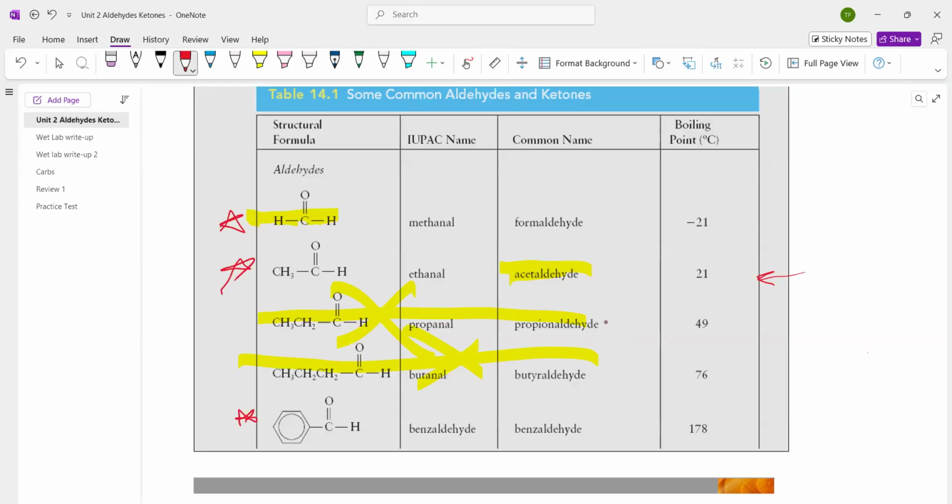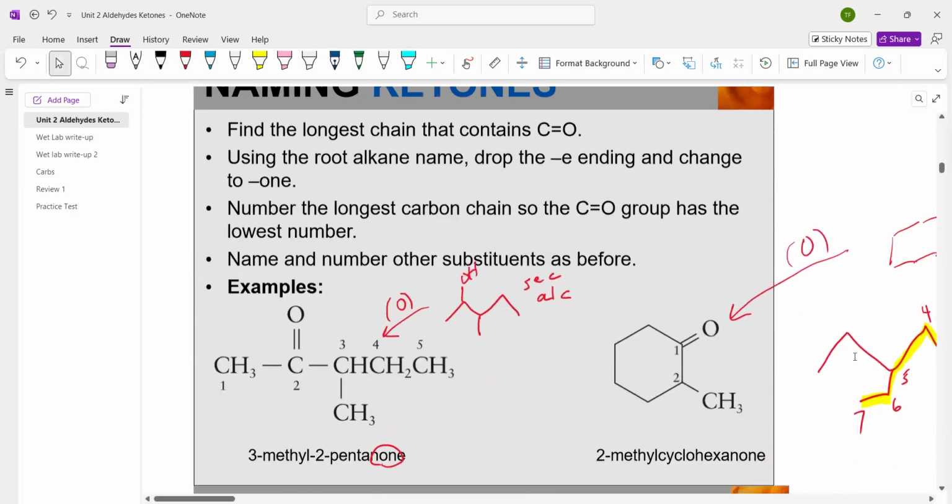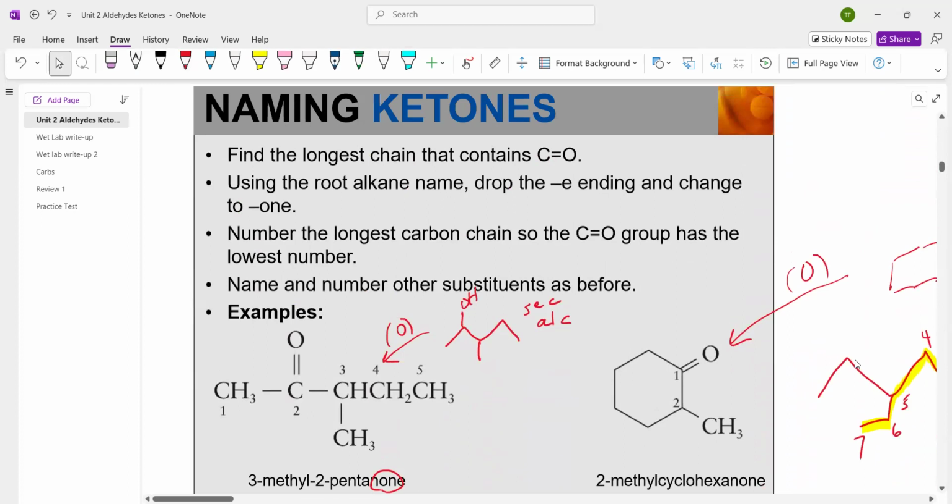So, the main difference is it's got an oxygen, but it's got no hydrogen bonding like alcohols. So this hydrogen bonds to the carbon, not to the oxygen. That's why it's not hydrogen bonded.